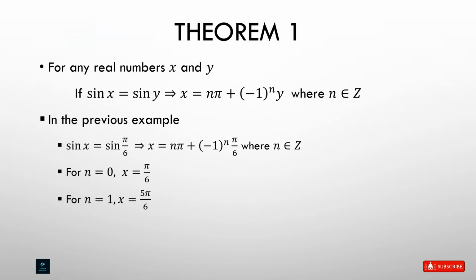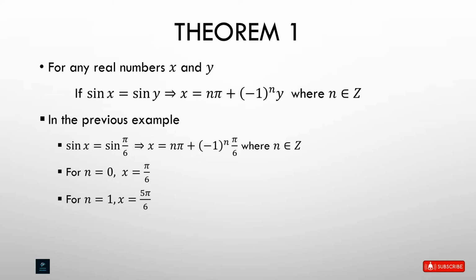We have seen in the previous example that to solve a trigonometric equation, we need to compare a trigonometric function of a variable to a trigonometric function of a constant. For comparison, we need some rules, some guidelines, and these rules or guidelines are called theorems.